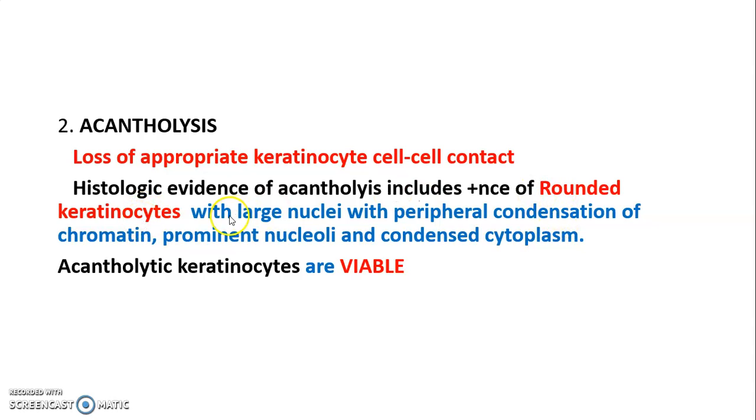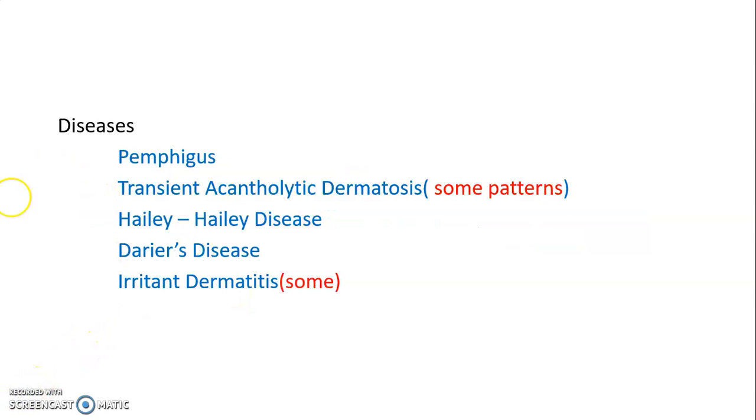In this, rounded keratinocytes have large nuclei with peripheral condensation of the chromatin, prominent nucleoli, and condensed cytoplasm. These acantholytic keratinocytes are also viable. This is seen in pemphigus, transient acantholytic dermatosis, Hailey-Hailey disease, Darier's disease, and irritant dermatosis.